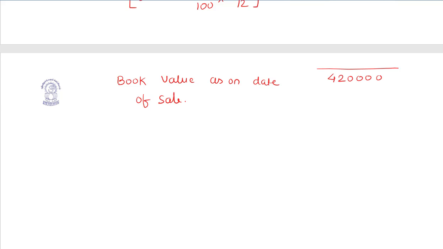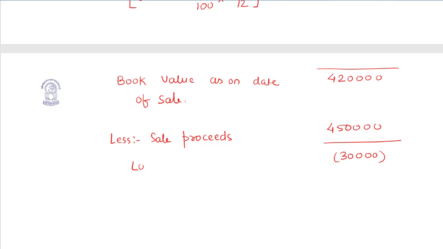Now we have sold the asset for 4 lakh 50,000. So less sale proceeds, that is 4 lakh 50,000. So 30,000 over here.